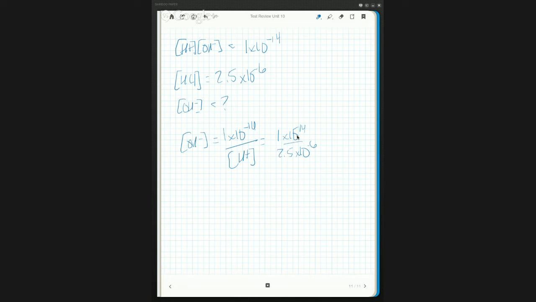So if I plug that into my calculator, my OH minus concentration ends up being 4 times 10 to the negative 9th molarity. Sorry, I should have put the units on these. It would help a lot more. There might be one like that on the test, I don't know. But we just had 2 on the worksheet. So that means we are not done with that question.